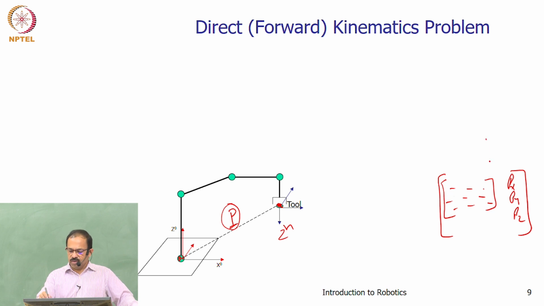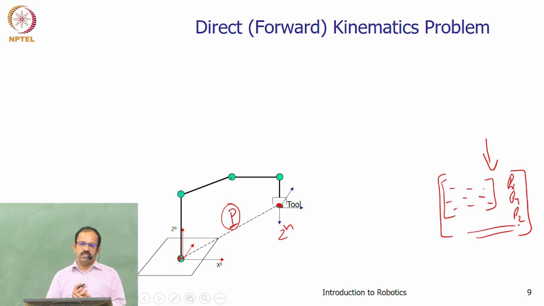So this is finally what we are interested in. We want to know the position of the tool and its orientation with respect to the base frame, whatever may be the joint position. As a function of these joint variables, we want to get this Px, Py and Pz. So this is what we are looking for.